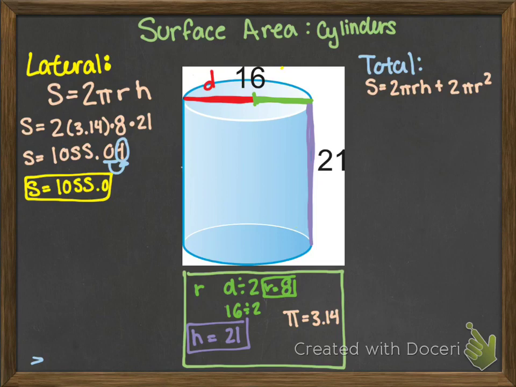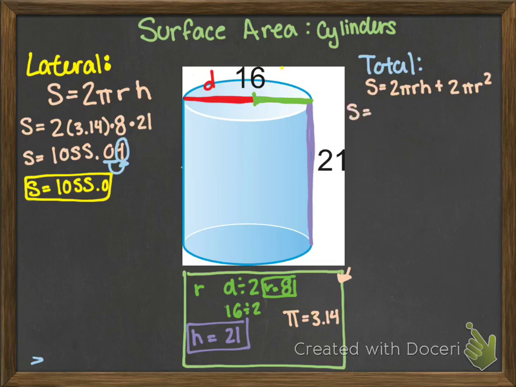Now we're going to go ahead and move on to finding the total surface area, which is all parts of it, including those circles. That's why we have the same formula. It's S equals 2 pi r h plus 2 pi r squared. We're adding this extra piece on here, so that's the change that's happening here. Now, we've already identified our pieces down in my little box, so I'm just going to go ahead and start substituting in the values.